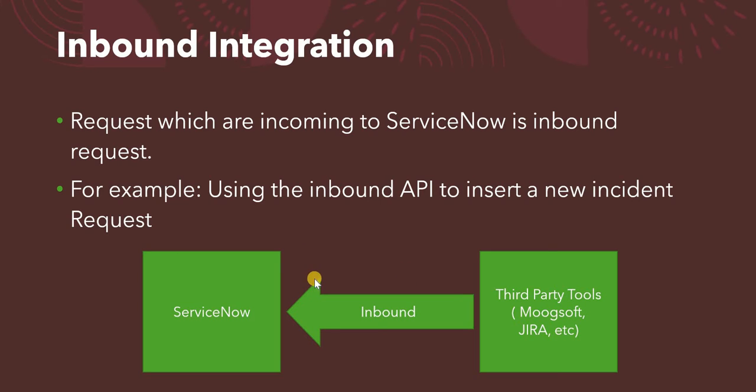If somebody is trying to get data from ServiceNow or trying to insert something new in ServiceNow, that is an inbound integration. In this example, if you see, there are third-party tools like MoogSoft, Jira or any other tool. When they're trying to insert or get some data from ServiceNow, that is an inbound integration. So anything incoming to ServiceNow is inbound integration.